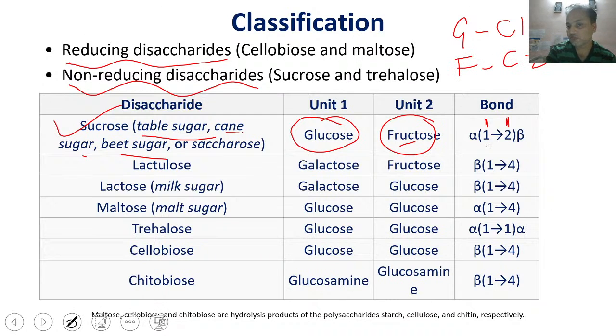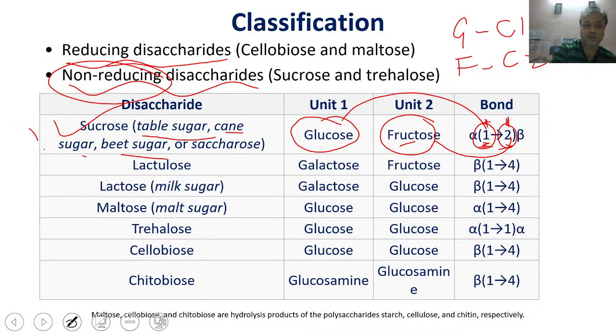So if you use the first carbon of glucose and the second carbon of fructose, you have used both anomeric carbons. No anomeric carbon has been left. So when you don't have any anomeric carbon left, it is called a non-reducing sugar. So sucrose is a non-reducing sugar, because no free anomeric carbon is there in the disaccharide.